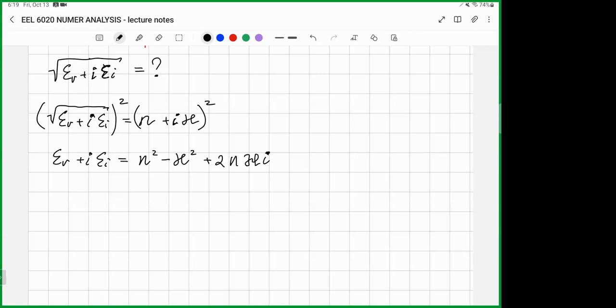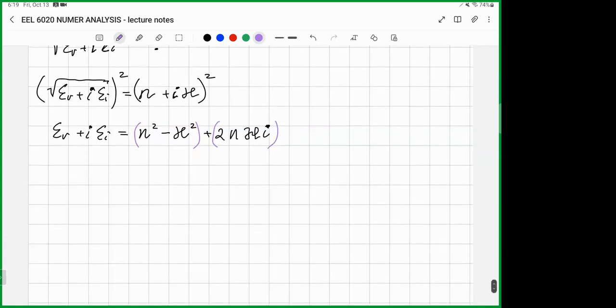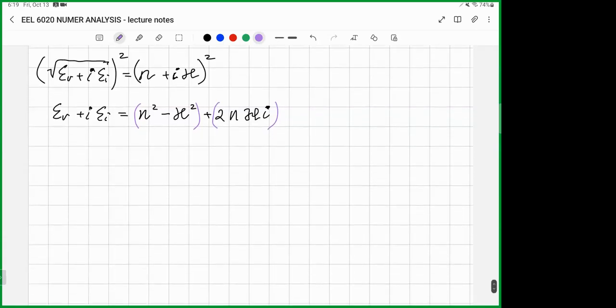So this is the real part, this is the imaginary part. Comparing the right and left side of this formula, I can equate the real parts and imaginary parts.